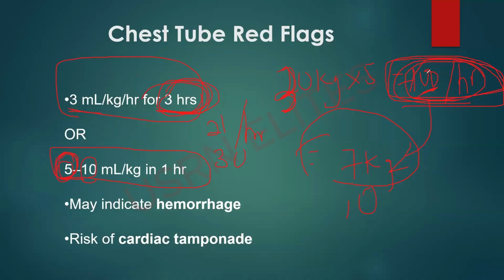Let us take it up to 100. That is what I want to say. No matter the kg that you are multiplying with, the cutoff point should not be more than 100 per hour, even though this one is there. For questions I've seen, generally, drainages should not be more than 100 mils per hour.